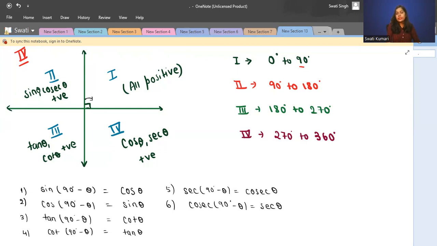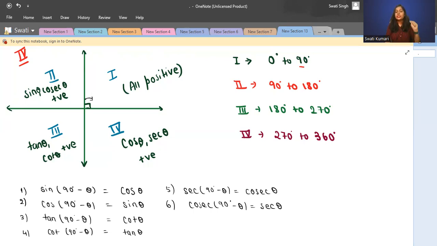As you can notice here, all the formulas are basically positive. Why? Because 90 degree minus theta is nothing but the first quadrant, and in the first quadrant, all are positive. So you don't need to worry about the signs if you are dealing with 90 minus theta.